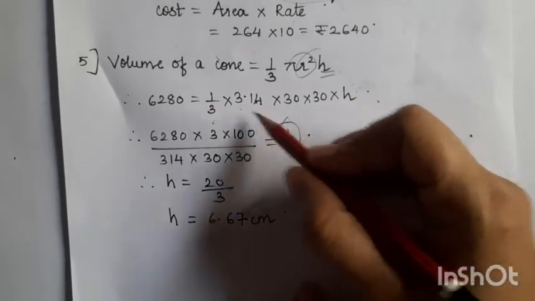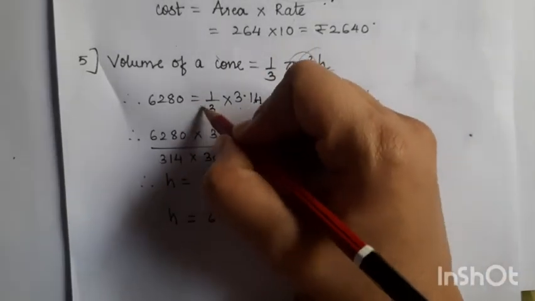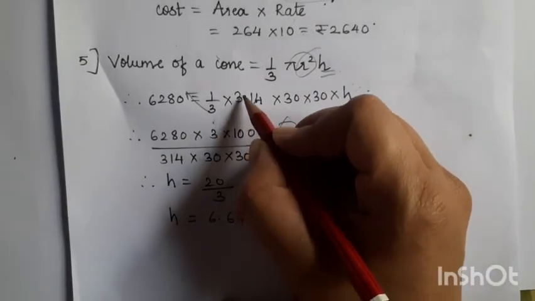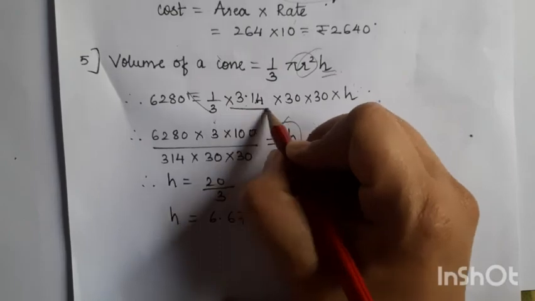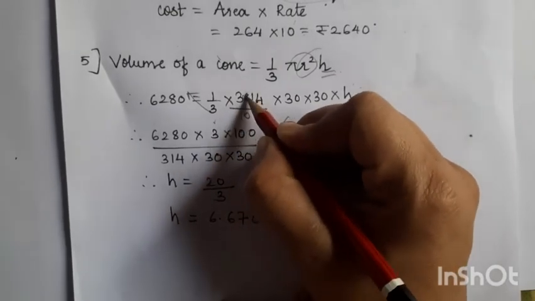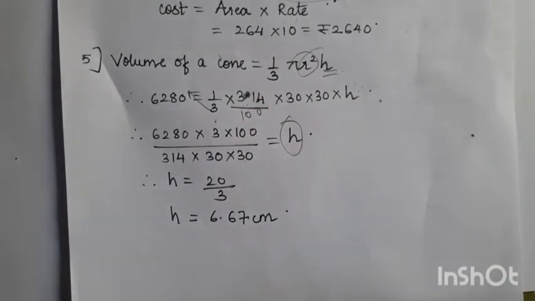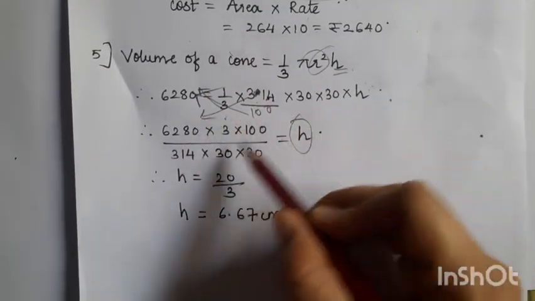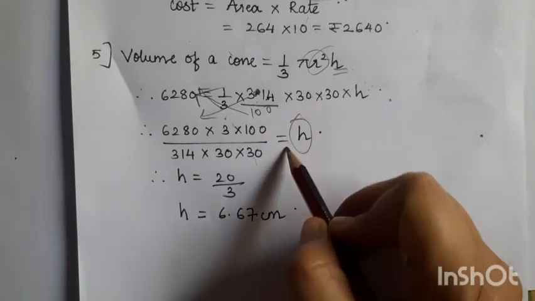Keep h on this side, shift all the numbers to the other side. So this 3 you shift here. Now this 3.14 can be written as 314 upon 100. So that 100 also can go there. Now bring this 314 down, 30 down and 30 down, which is equal to h.